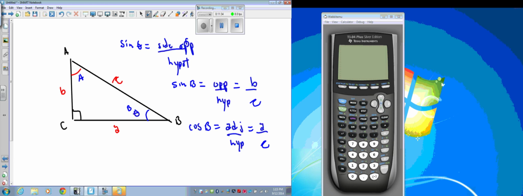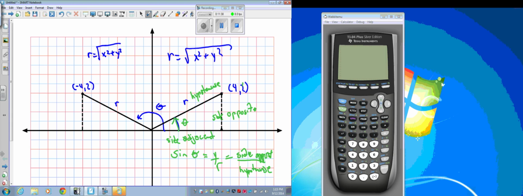Now, let's just go back here and look. You see, if we say the sine, it was always what? y over r. y is the opposite side, r was the hypotenuse. Cosine was what? x over r, adjacent side over hypotenuse, if you look at this as a right triangle. So that's the relationship between the two.